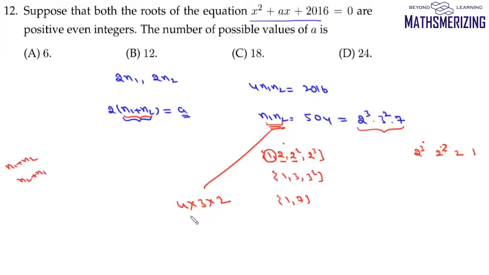So out of these 4 into 3 into 2 cases, there will be half the cases where only the values of n1 and n2 are reversed. So altogether, there will be 12 distinct ways of finding n1 plus n2. So the number of possible values of A is simply 12, and that's your option B.